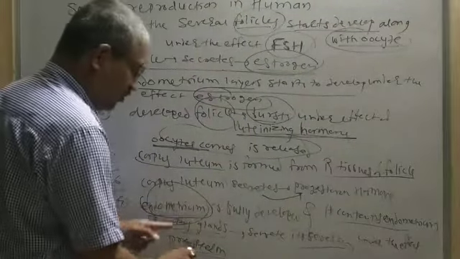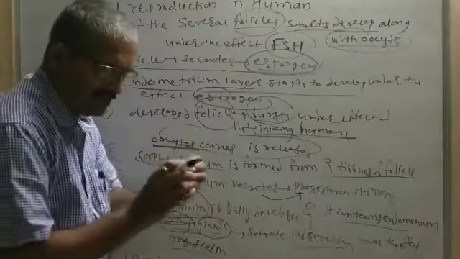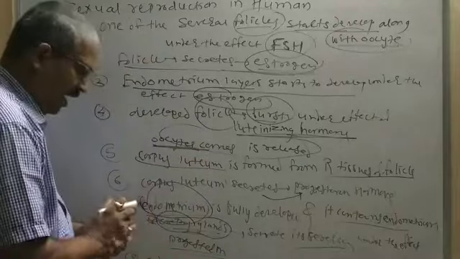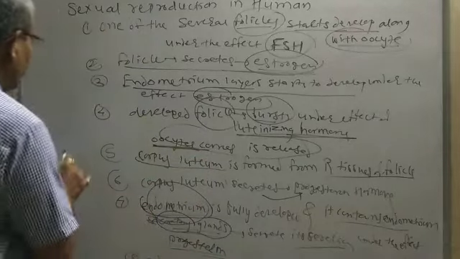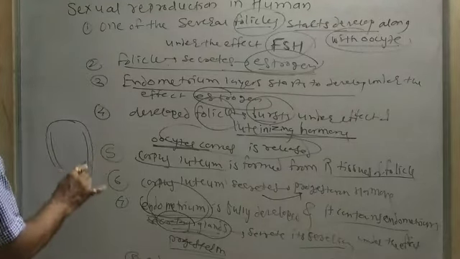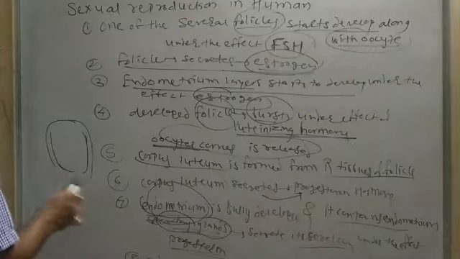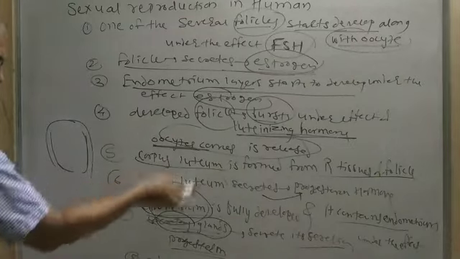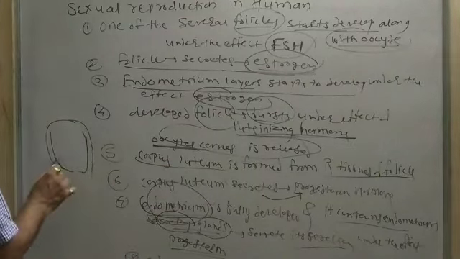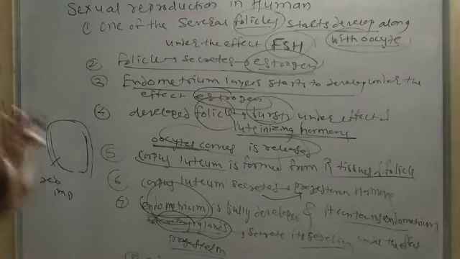These glands secrete their secretions, and the endometrium layer inside the uterus becomes ready for implantation of the embryo.